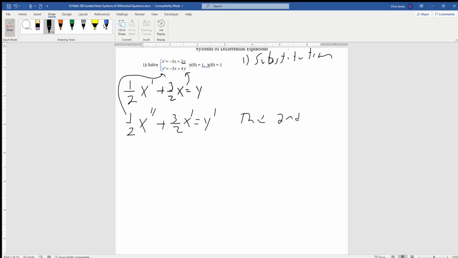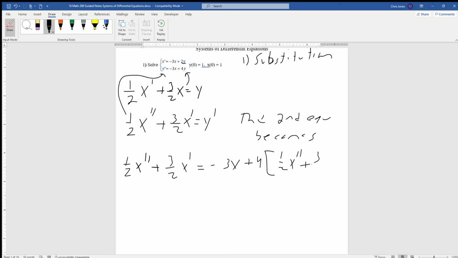we can say the second equation becomes 1/2 x double prime plus 3/2 x prime is going to be equal to negative 3x plus 4 times 1/2 x prime plus 3/2 x.